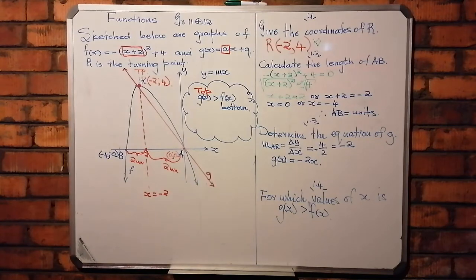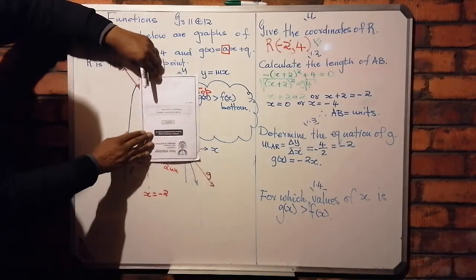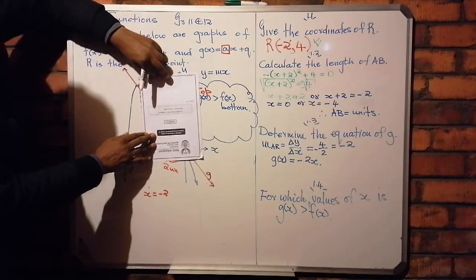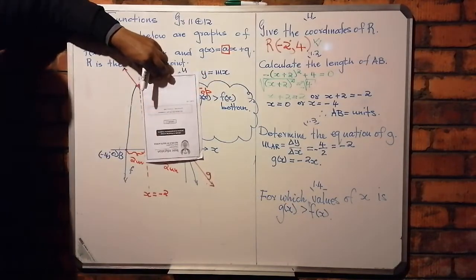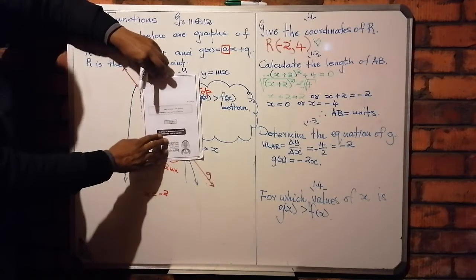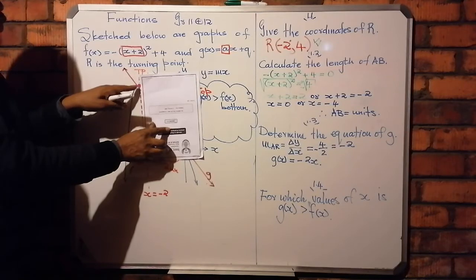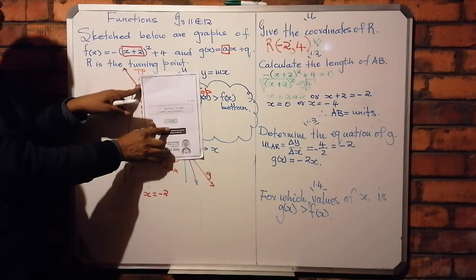Now, let's slice our two graphs. I'm gonna slice it there, cutting all that part. Why did I start there? I started there because the two graphs are equal at that point.